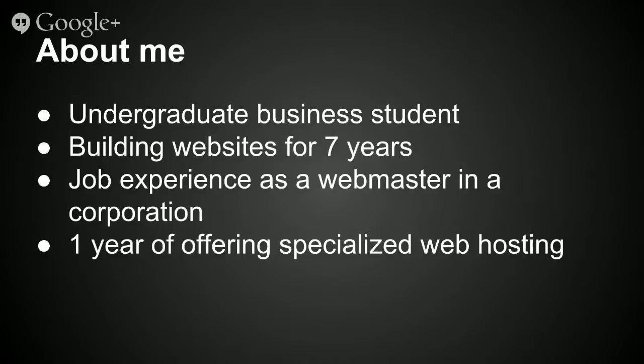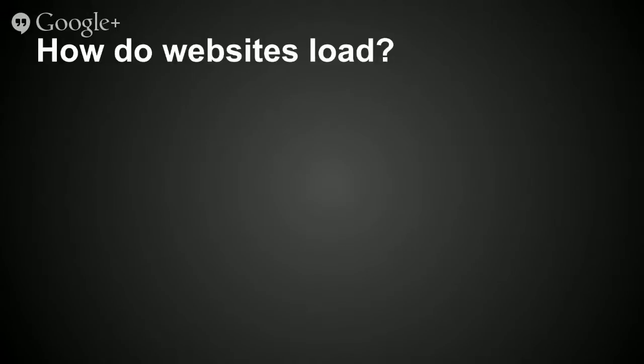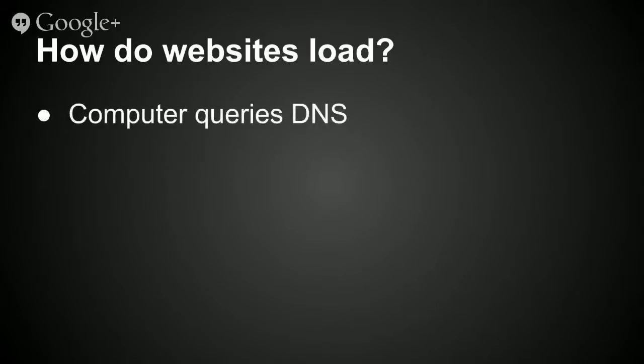So in order to think about how websites can slow down, a good starting point is how do websites load? Where can we get these bottlenecks that will occur? When you go on your computer and load a web page, the first thing your computer is going to do after you type in that domain name is query a domain name server.